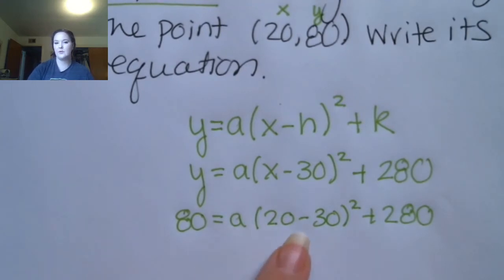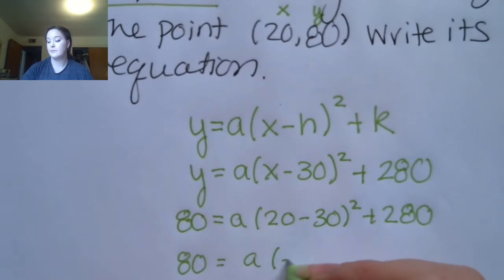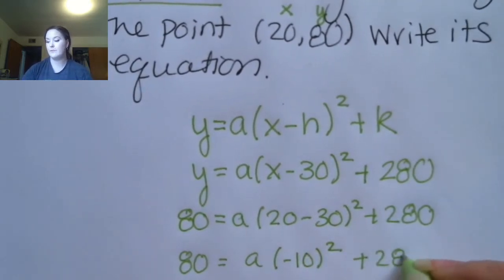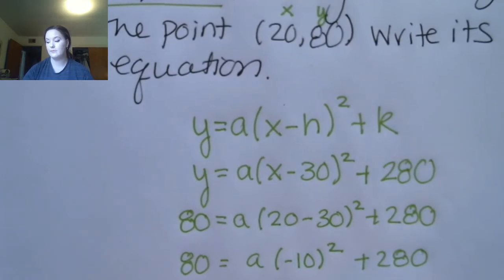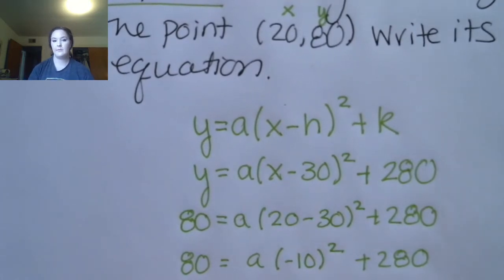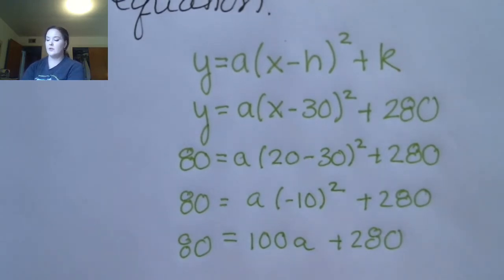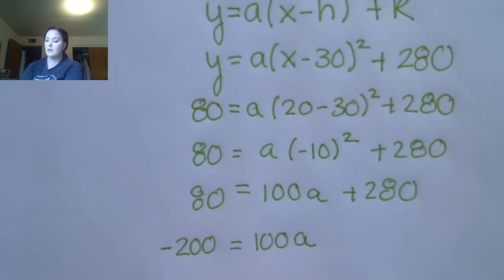So 20 minus 30 is negative 10, and negative 10 squared is 100. Now we have a linear equation that we can solve for a. So we'll subtract 280 from both sides.